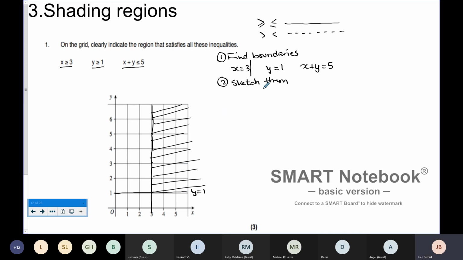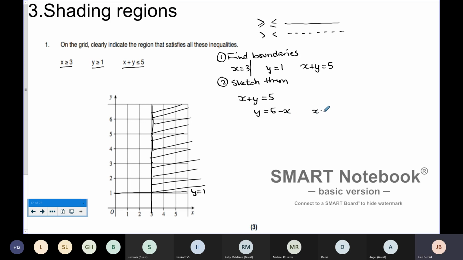So the next step now is to take a look at this here. So if we do x plus y equal 5, we can rearrange as y equals 5 minus x, and we can give any value that we want, but we usually go for the intercepts.